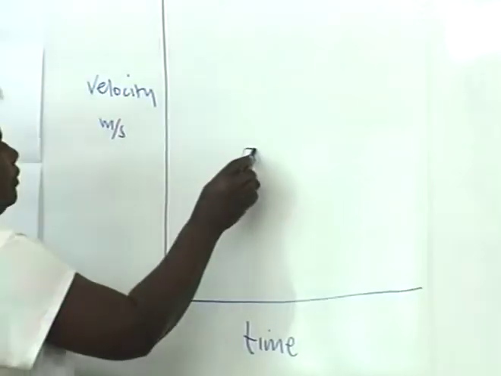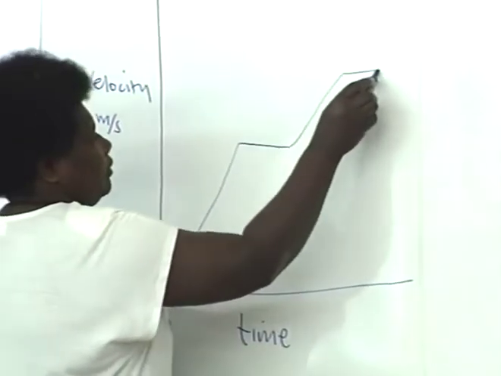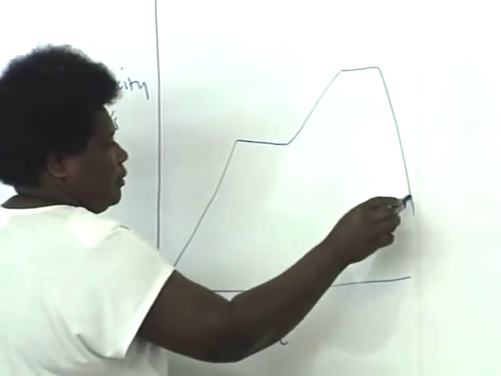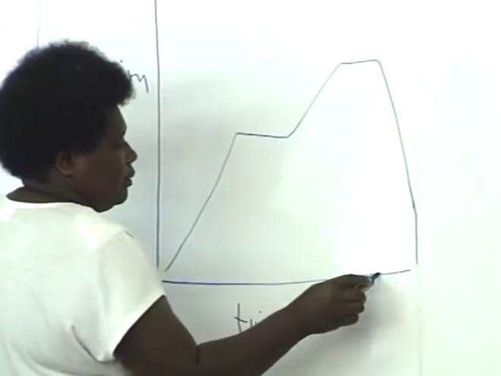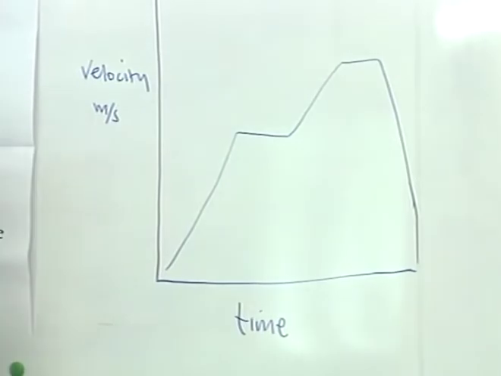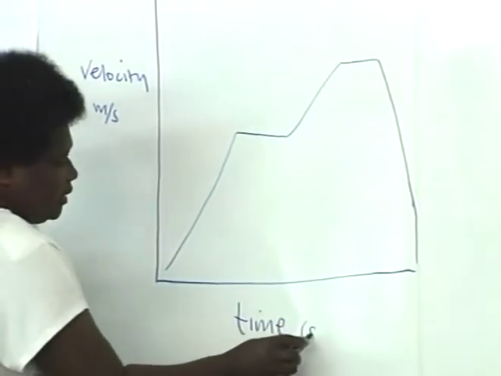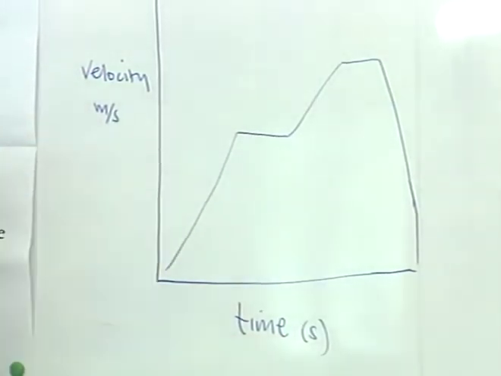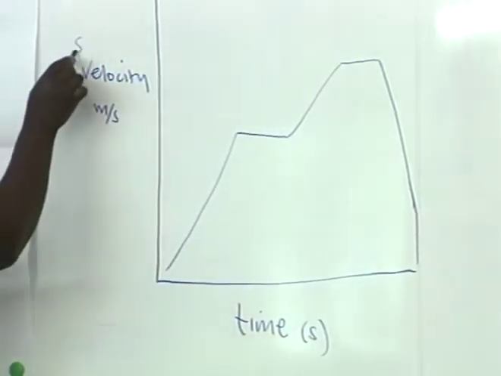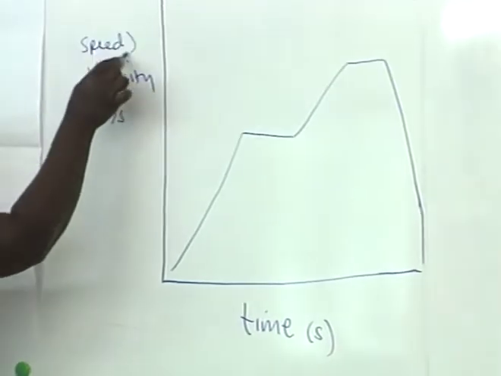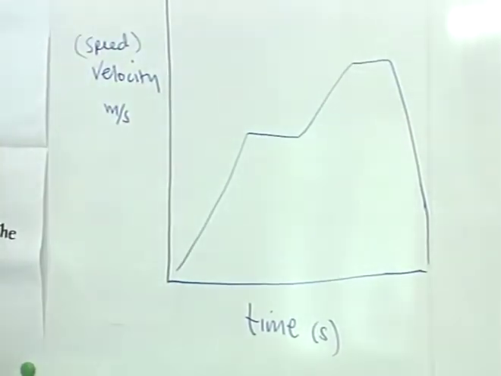If a graph was drawn like this, again this is time, and let's say it's in seconds, and velocity is in meters per second, or sometimes you'll be given speed in meters per second.